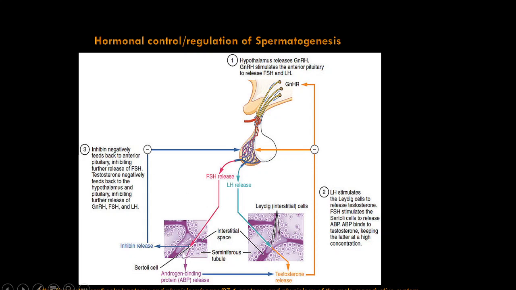Also, the inhibin is released by the Sertoli cells, which again exerts a negative feedback control. It stops the release of FSH. The testosterone not only stops the production of FSH and LH if present in excess, it also affects the production of gonadotropic releasing hormone from the hypothalamus.